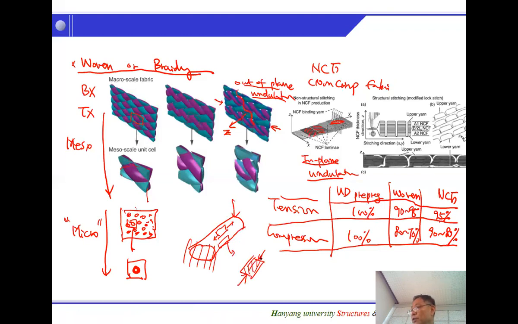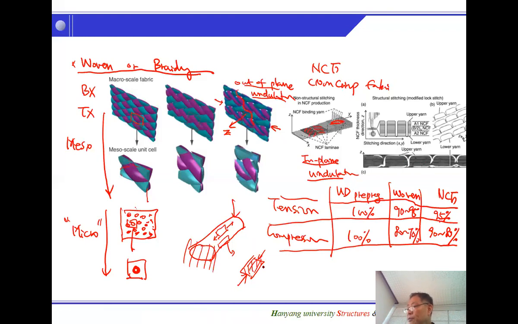So almost all structures fail under compression. But ironically, when we evaluate or compare all the composite properties, or even steel or aluminum, we always consider tension, stiffness, and strength, right? But in real structures, most of the failure will occur under compression. We have to keep that in mind.